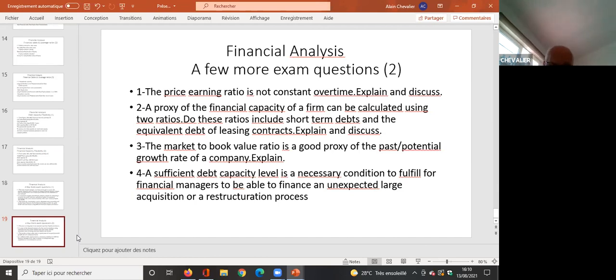So debt capacity is one of the three main possibilities to be ready to finance new operations, either new investment, for example because the technology is moving very quickly, or acquisitions, joint ventures or mergers. One is excess cash, but excess cash is very costly.